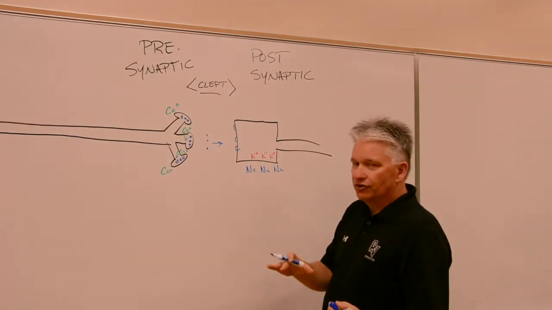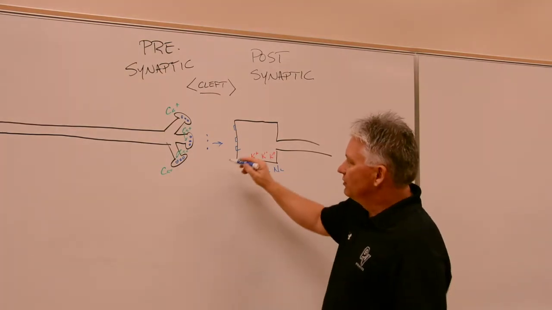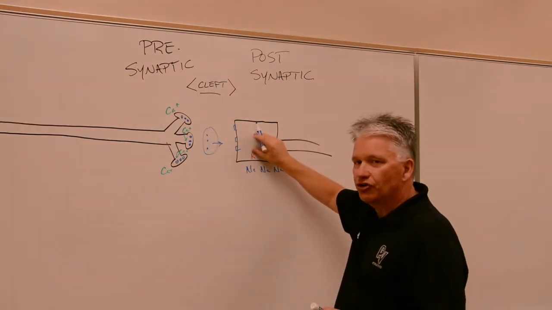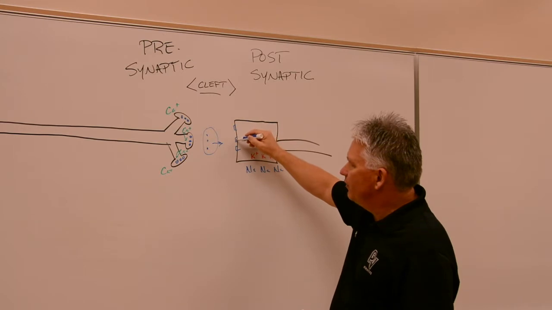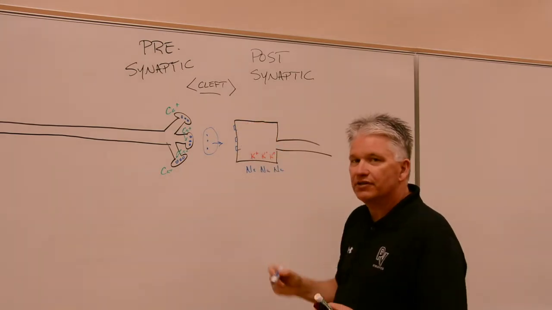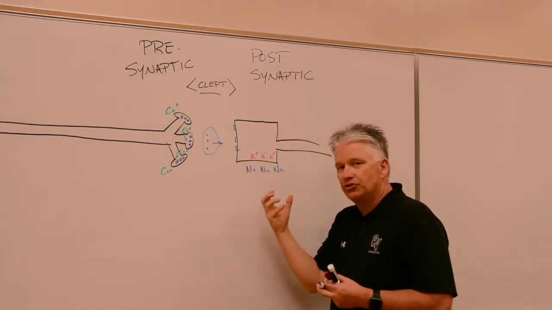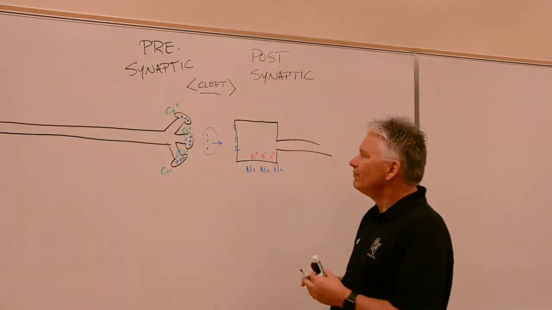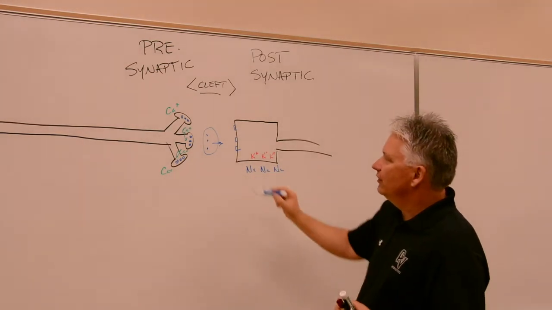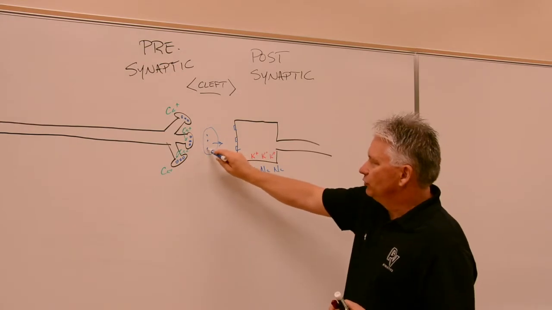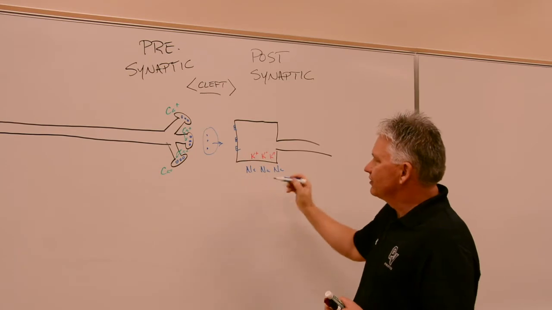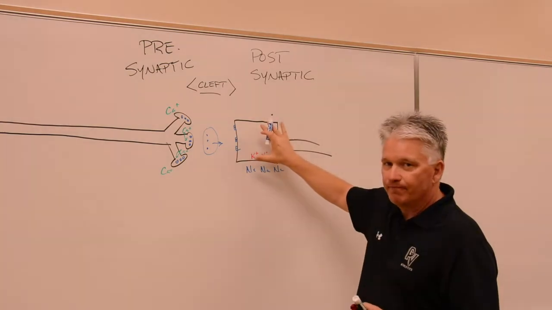Now remember, we talked earlier in the semester, when we talk about chemicals having an effect on a structure, we said that there has to be protein receptors on that postsynaptic structure specific to the neurotransmitter. It's the interaction of the chemical neurotransmitter and our receptor protein that's going to cause something to happen.